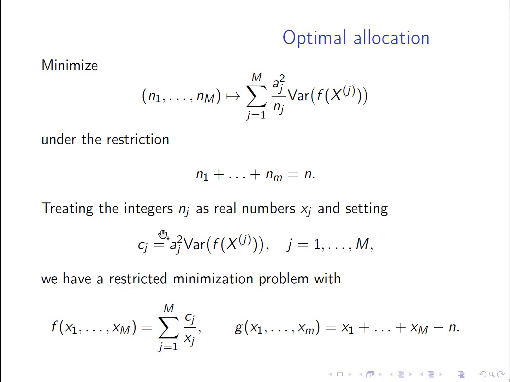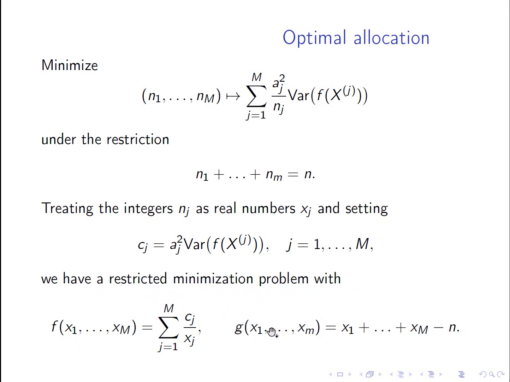And then, because aj and the variance of f of xj are given, we can just use cj as an abbreviation for this. So cj is aj squared times the variance of f of xj for all the j's. And using this rewriting, we have a restricted minimization problem of this form. So f of x1 up to xM is given by the sum over the j's of cj divided by xj. That's the function we want to minimize under the restriction given by this g here.